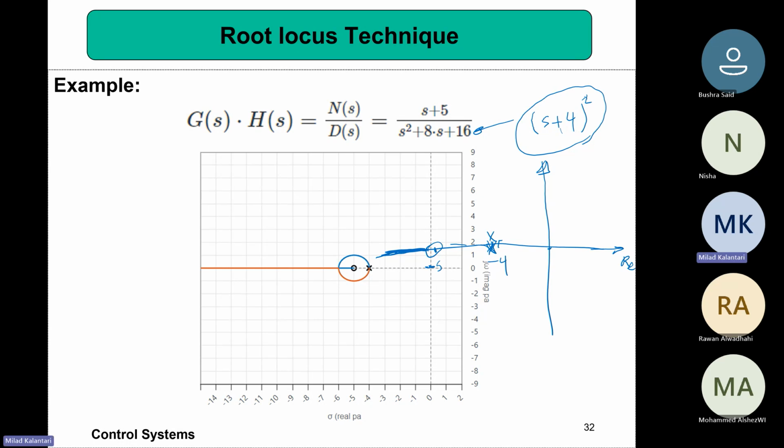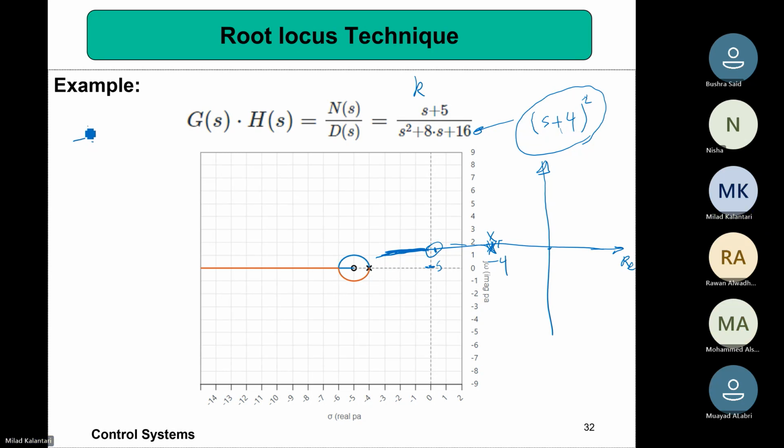No, when we are starting with the k of 0 it means the system is like an open loop, right? Because you remember the system, you have the g and you have a k factor here, and the loop is closing, right? When the k is 0 here, it means you are not doing the closed loop basically.